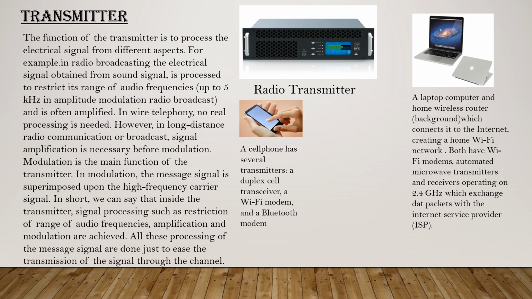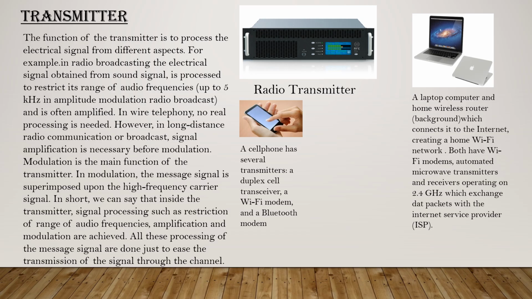The function of the transmitter is to process the electrical signal in different aspects. For example, in radio broadcasting, the electrical signal obtained from sound signal is processed to restrict its range of audio frequencies up to 5 kHz in amplitude modulation radio broadcast, and is often amplified.